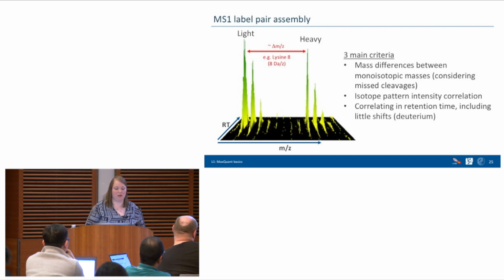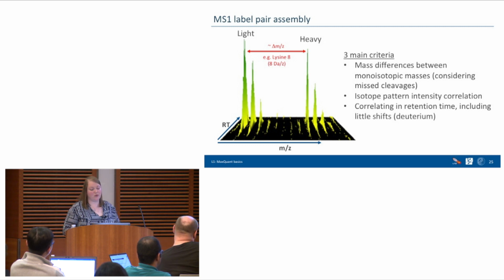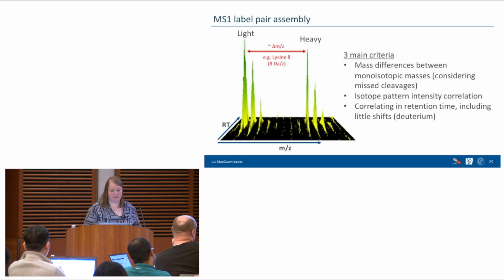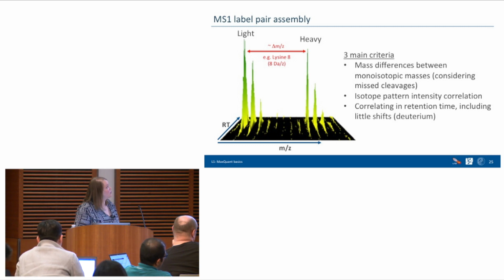When we do MS1 labeling, we also would like to assign the light and heavy pairs. This is done in a similar way to how we assembled the isotopic pattern. Again we look at the mass differences between the monoisotopic peak of the light and the heavy, and we check the difference. For instance, if your peptide has lysine at the C-terminus, you know, based on that, the difference between the light and the heavy.